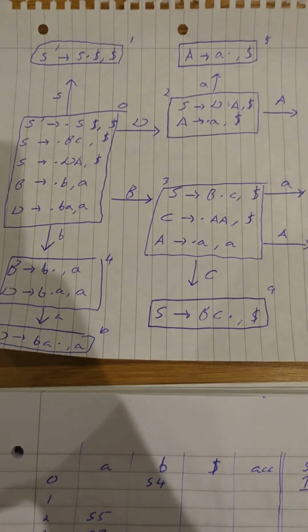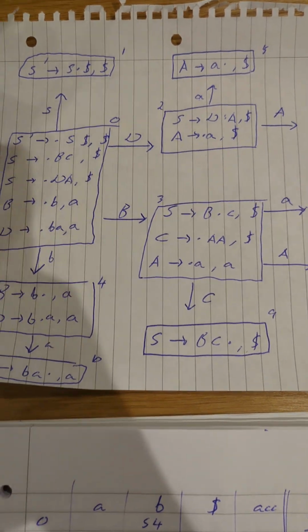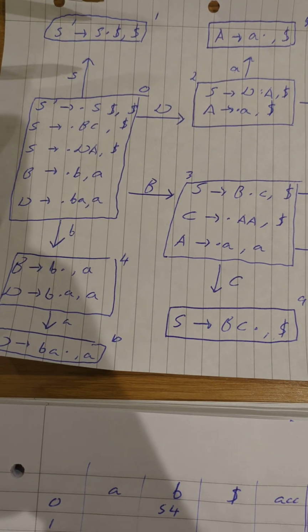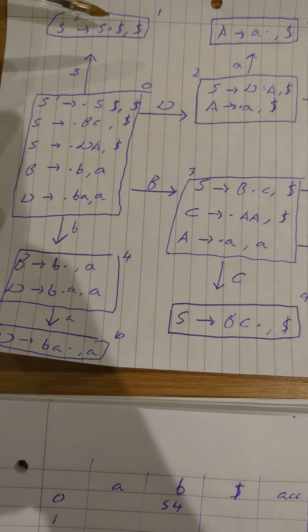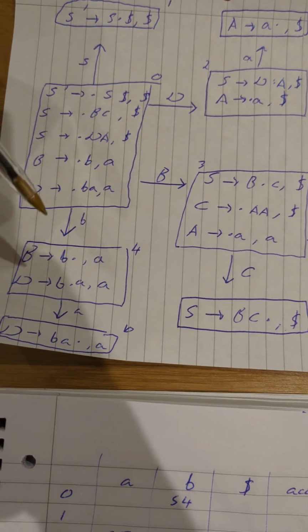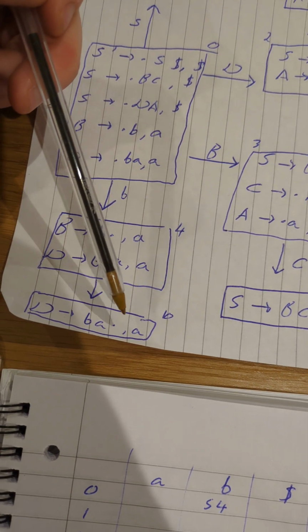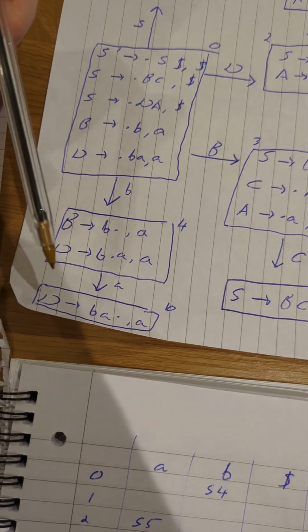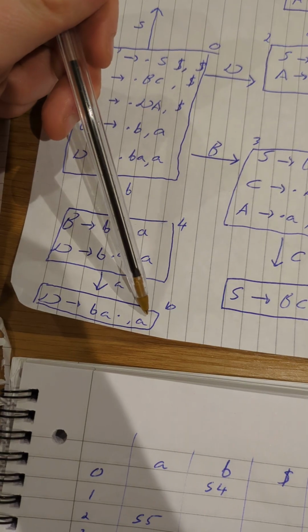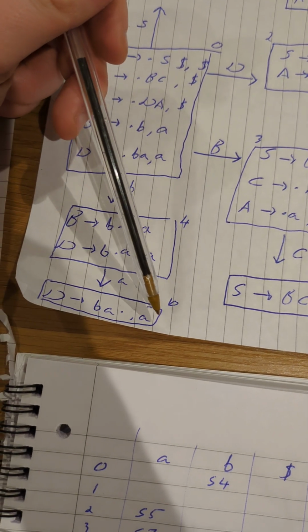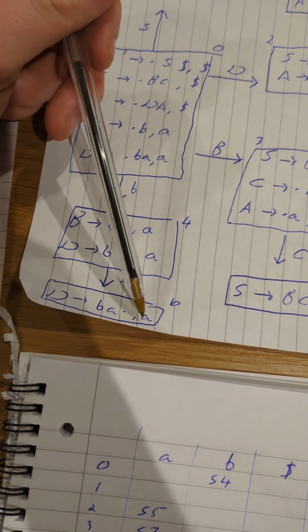Then the next thing that we need to do, and this is where it's different from the LR0 parser, is look for any item set with a dot at the end. Whereas before we would have marked a whole row, here we're just putting the reduce action where we have the look ahead symbol.